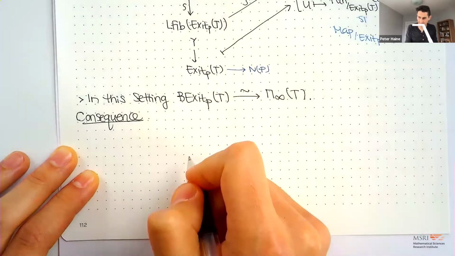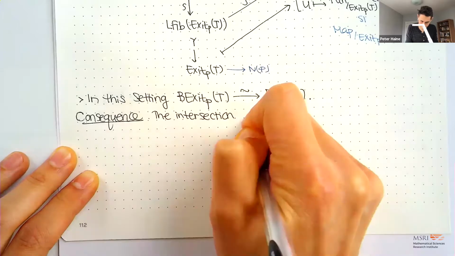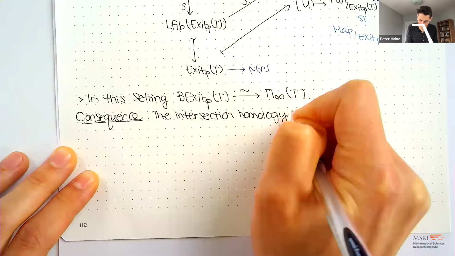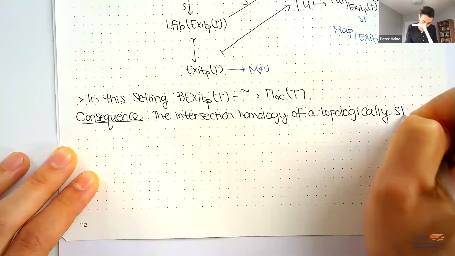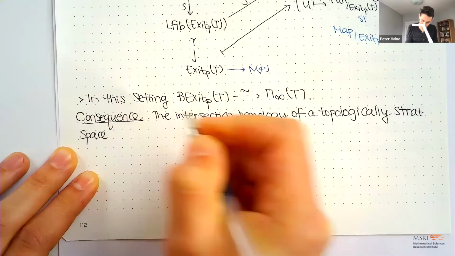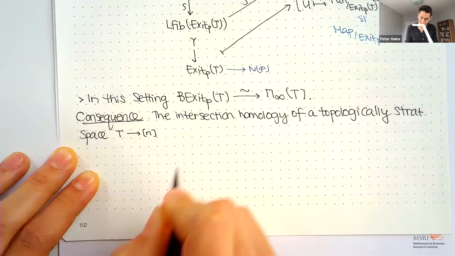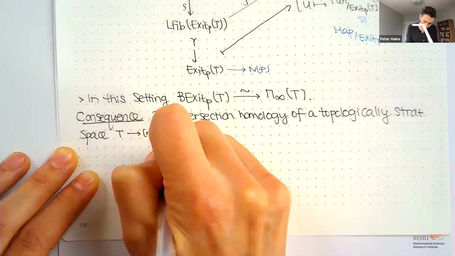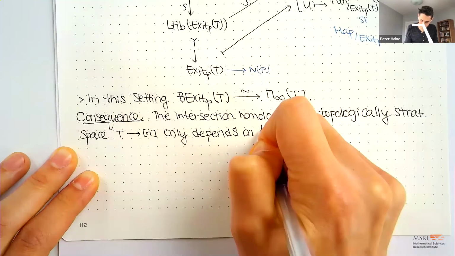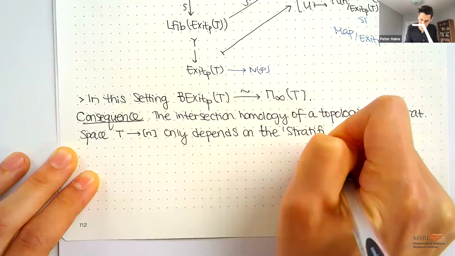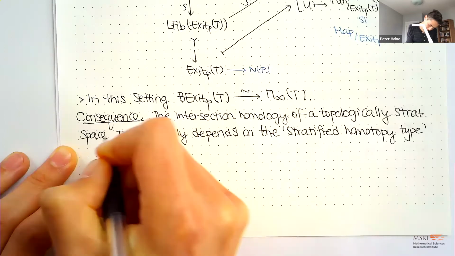The upshot is that the intersection homology of a topologically stratified space, this is just the setting in which this is defined, so it's some particular type of conically stratified space over a linearly ordered finite poset, only depends on what I'm going to call the stratified homotopy type, that's this exit path category.